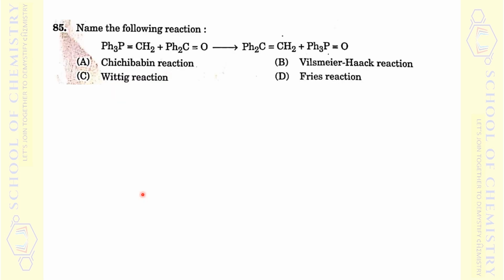Last question in this particular video, again a very simple reaction. It's about a named reaction. If you know that this is the Wittig reagent, Ph3P=CH2, which can be treated with carbonyl compounds like ketones to get this compound, you can easily answer that this is option C, right? So it's actually the Wittig reaction.